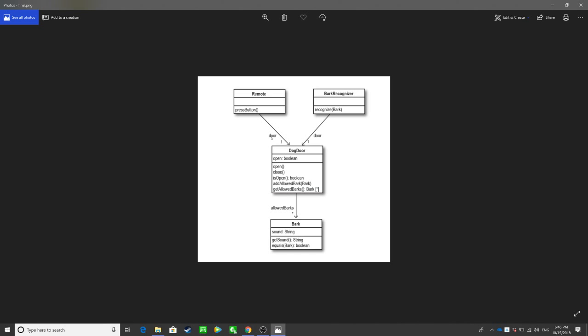Yeah, okay, in the remote class we have something. This means the remote has a reference called door, and this reference is of the type dog door.